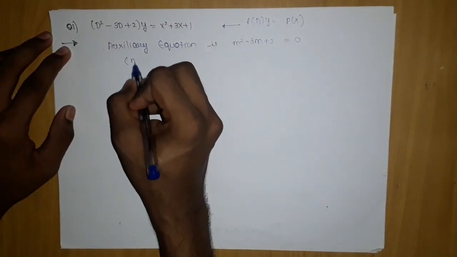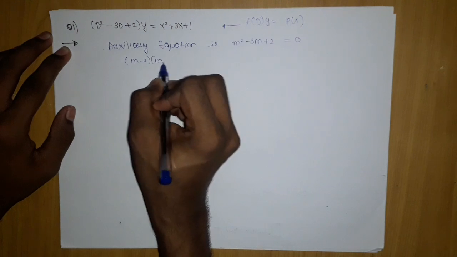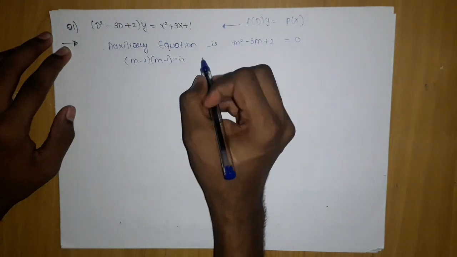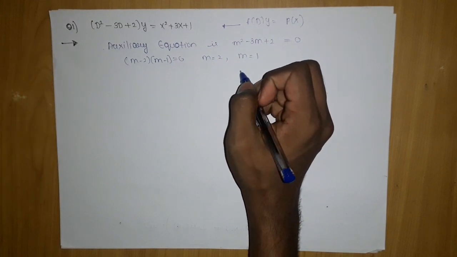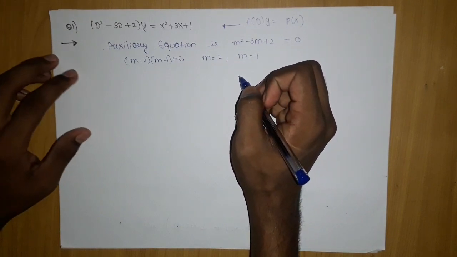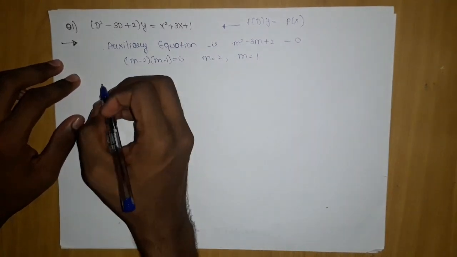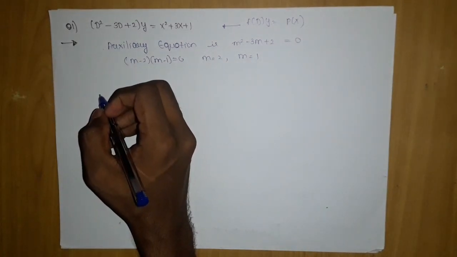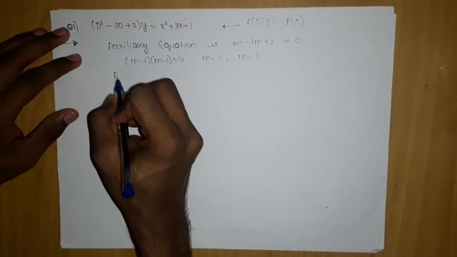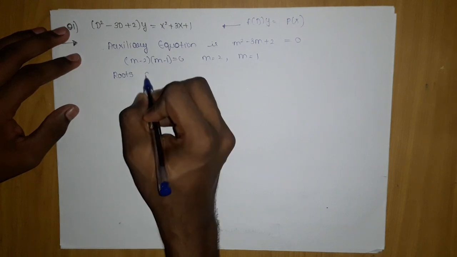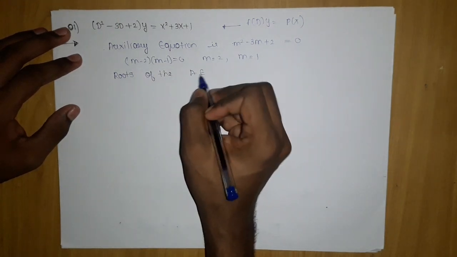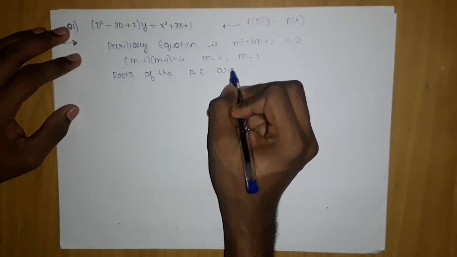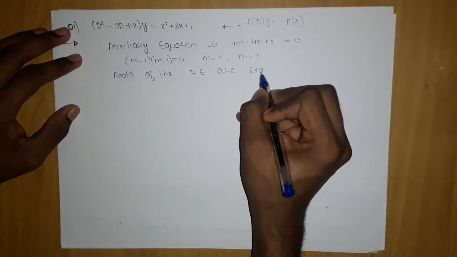If you solve, (m minus 2)(m minus 1) should be equal to 0, m equals 2, m equals 1 is what you are going to get. So roots of the auxiliary equation are real and distinct.